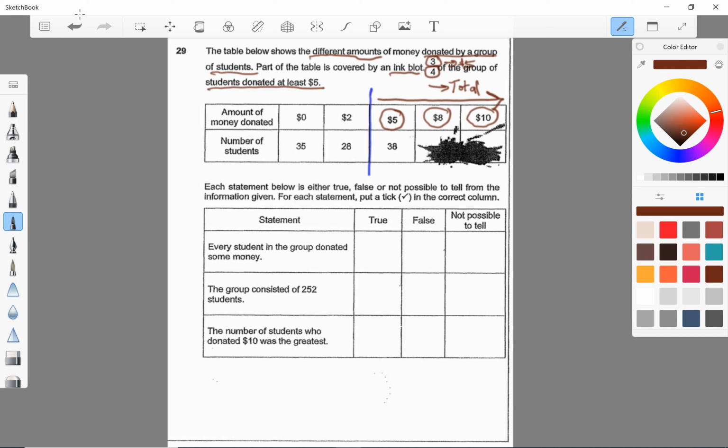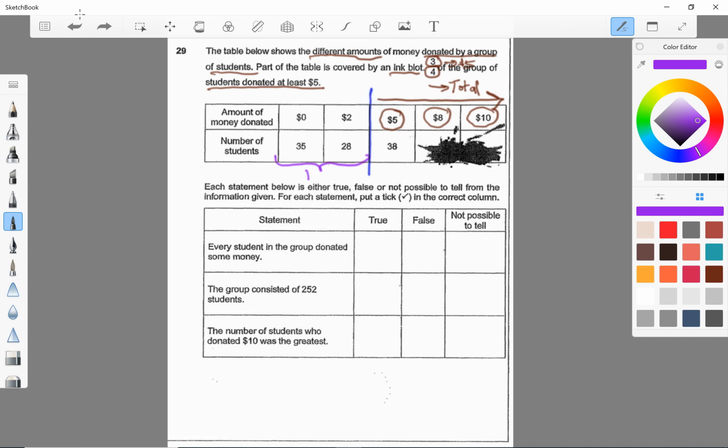And for such a question, usually they will give us information, and in this case it tends to be indirect, which means that if 3/4 of the group of students donated at least $5, the question expects us to understand that those who didn't donate any money, those who donated $0, those who donated $2, they would belong to the group that is 1 unit.